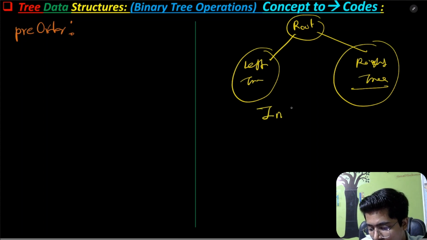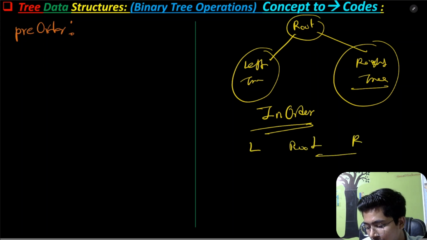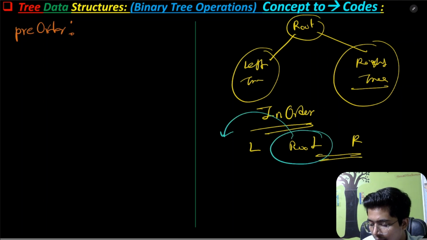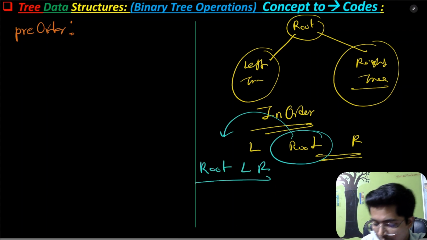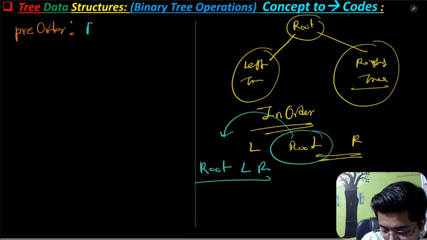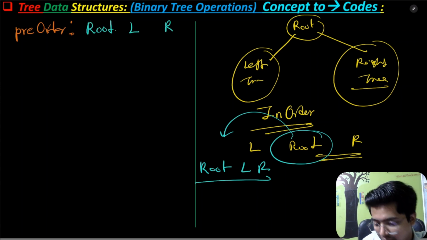What if we visit the tree in this fashion: first left, then root, and then right? We call it in-order. And when we bring this root to the front, it becomes pre-order. So the pre-order traversal becomes root, then left, and then right.